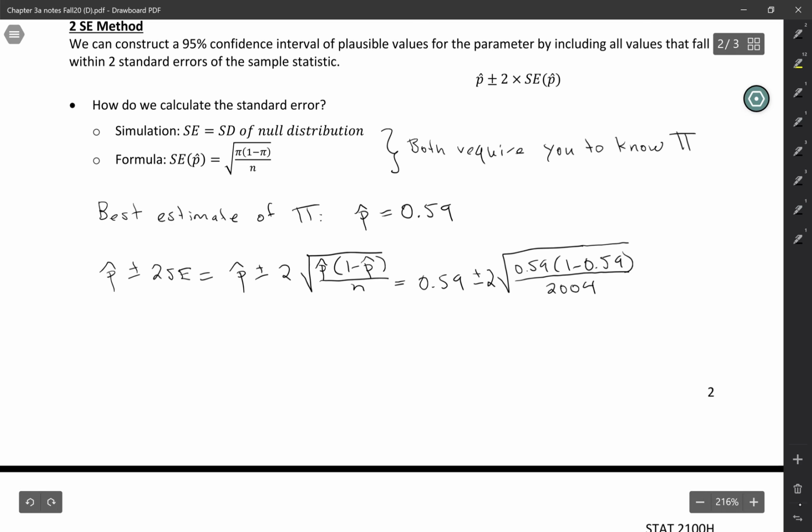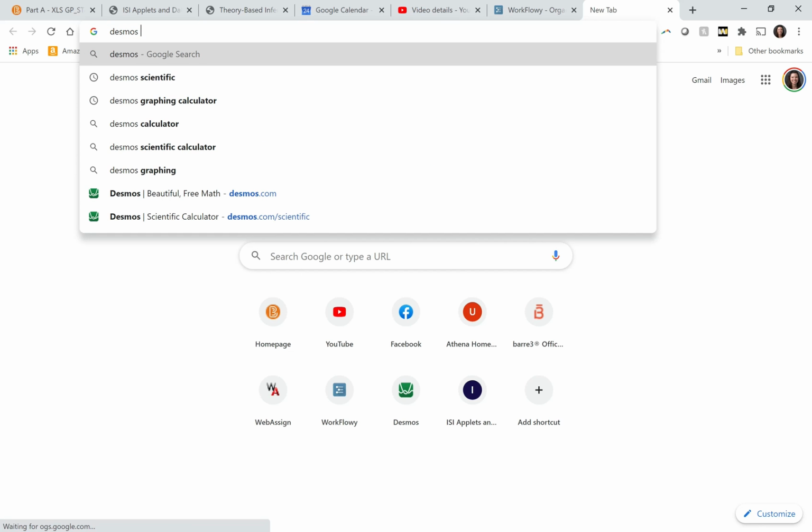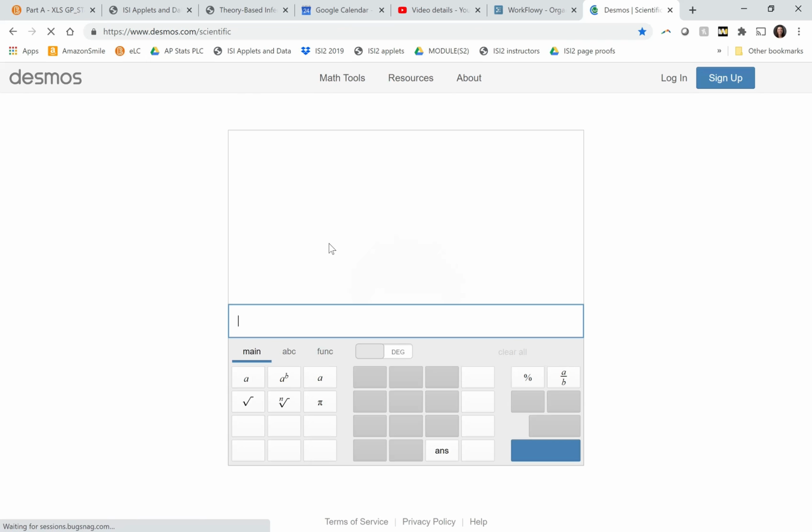Don't do that. I don't usually show you while I'm doing the calculations, but maybe I should because this is my favorite calculator. I just use the Desmos Scientific Calculator. And the reason that I really like this one is because instead of having it be all about parentheses, it actually shows it like a regular equation.